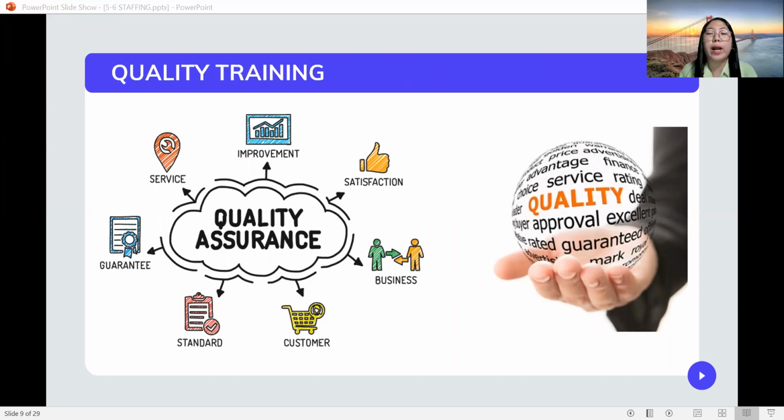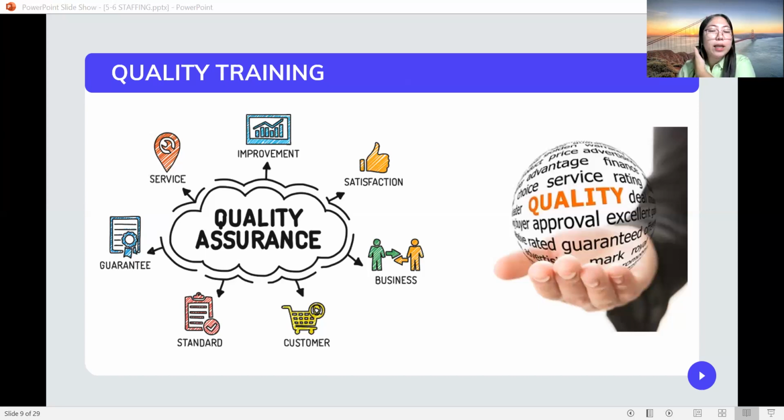So in a world where quality can set your business apart from any competitors, this type of training provides the employees with the knowledge, of course, to recognize the products that are not up to quality standards and teaches them what to do in this scenario.